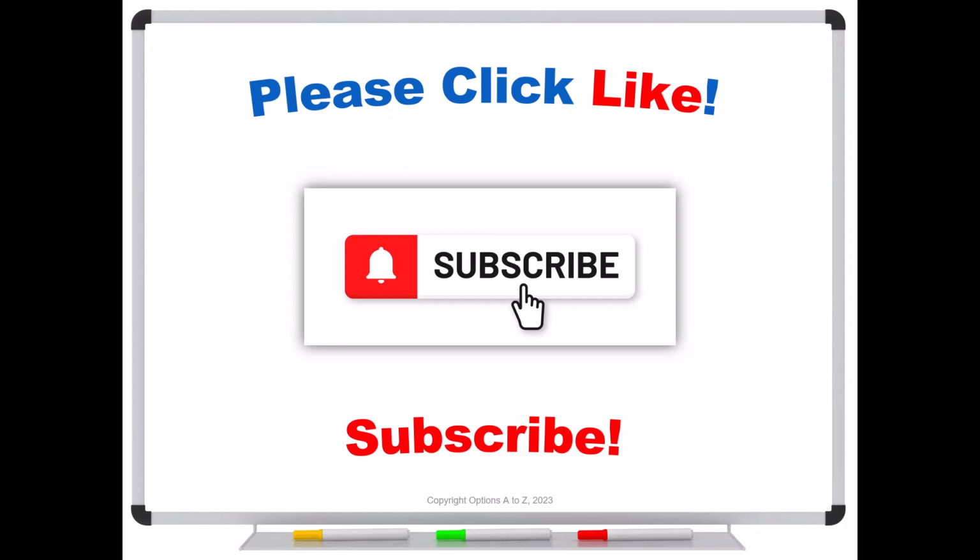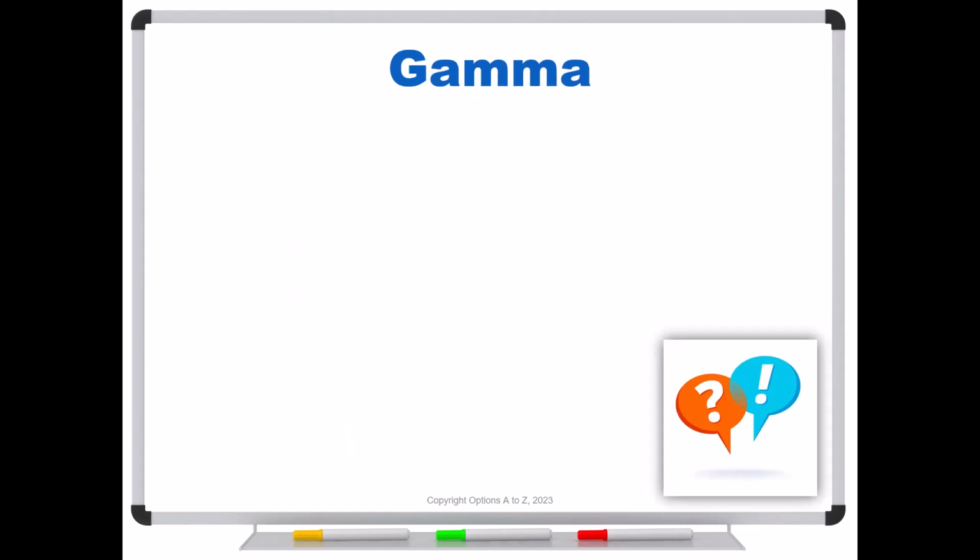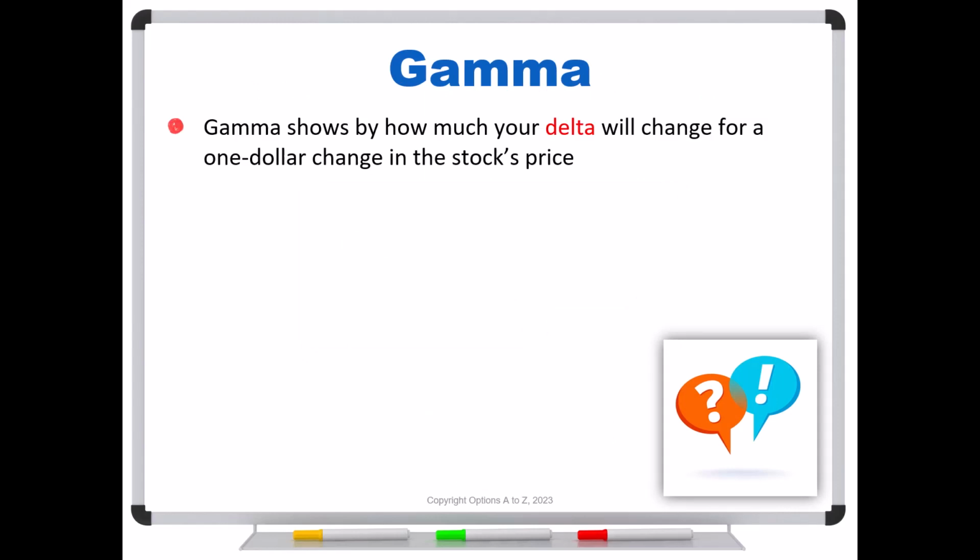So let's start with a quick definition of gamma. Remember what gamma is. It shows by how much your delta will change for a $1 change in the stock's price. Now, the caveat to that, which is true for all of the Greeks, whenever we say it's a change in, let's say, a $1 change or for 1 day's passage of time with theta, it's really too big of a change.